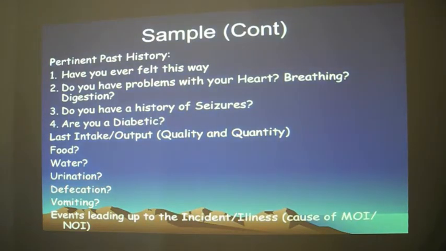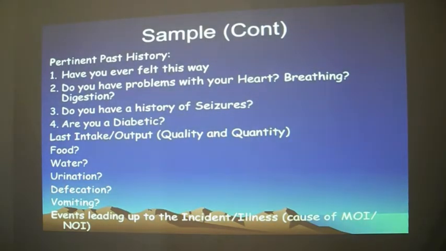Have you had 16 ounces? Have you had a liter? How much? A cup and a half? Urination. When was the last time that you urinated? What did the urine look like? Was it clear? Was it bright yellow? Did it have an odor to it? Defecation.